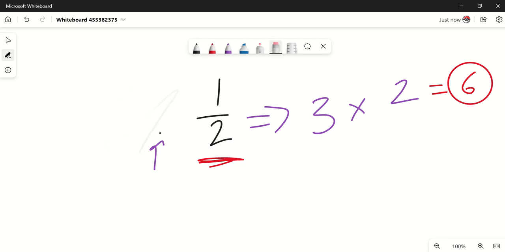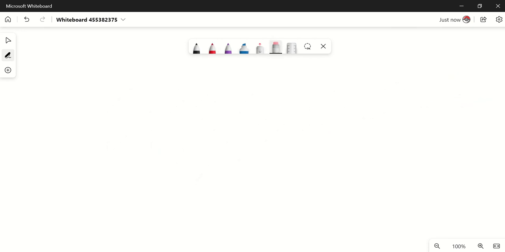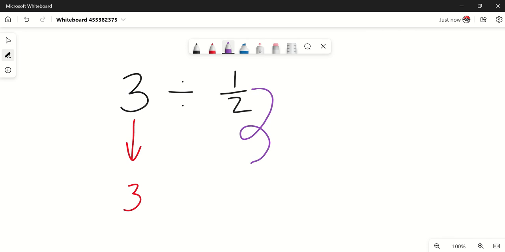So let me walk you through that process one more time, and I'm going to label it out. 3 divided by 1/2. 3 comes straight down. The first number is going to come straight down, so it'll still be 3. This is going to flip and become 2 over 1.